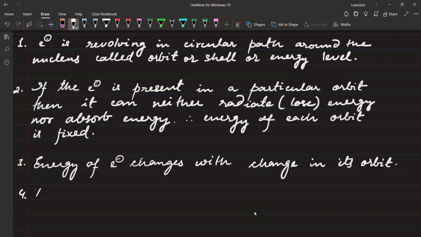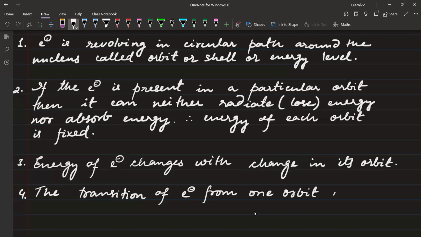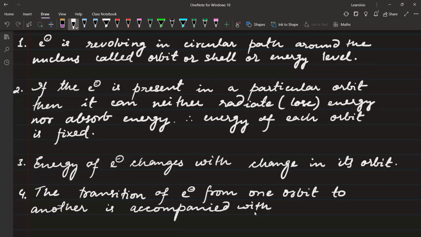You write next point. The transition of electron from one orbit to another is accompanied with change in energy.